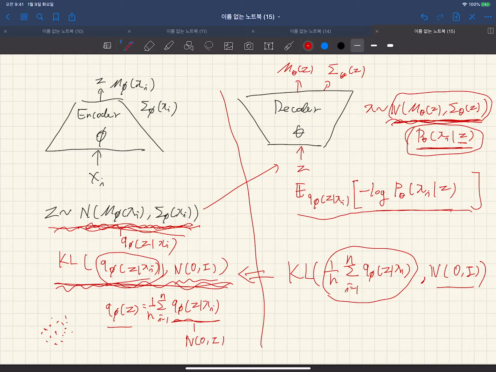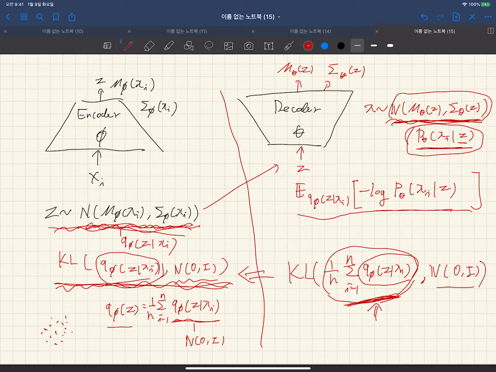But the problem is computational complexity. If you have millions of data points to train your variational autoencoder, it is very, very difficult to compute. And essentially, to update φ for each iteration, you have to compute every single q_φ value.